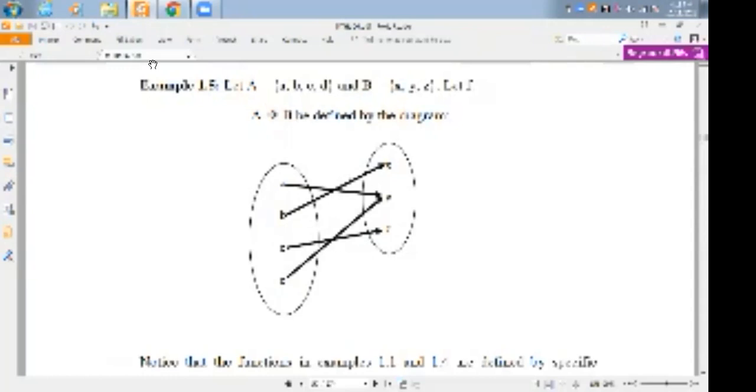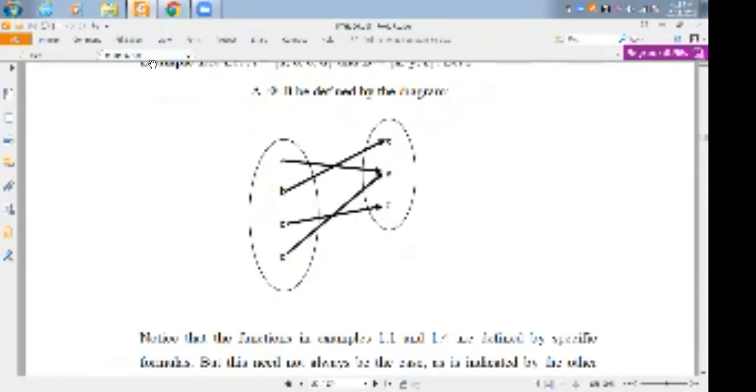So each element, you can see that A is mapped to Y, B is mapped to X, element D is mapped to element Y, element C is mapped to element Z in that order. That's what we call a function.